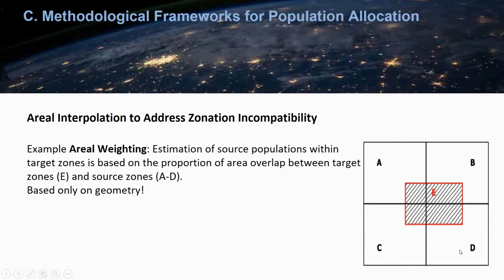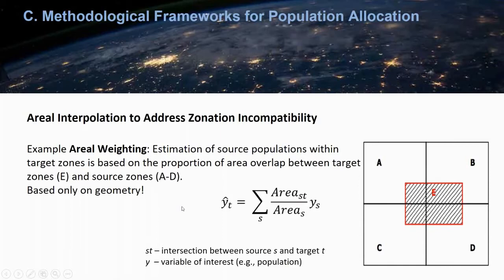Source zones A, B, C, and D are used to make an estimate within the target zone E, here in red. This method is based on the proportion of area overlap between the target zones and source zones. It's based only on geometry.